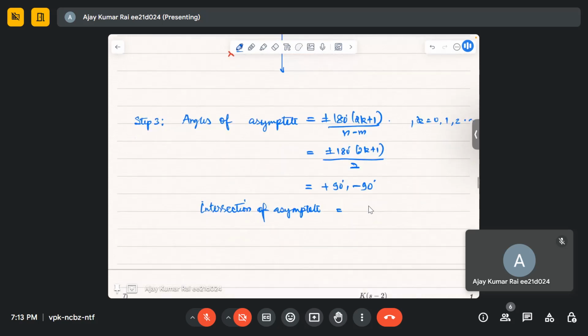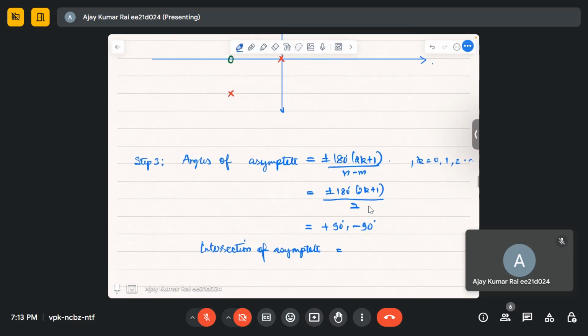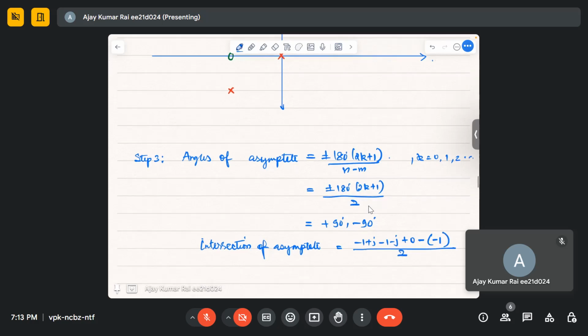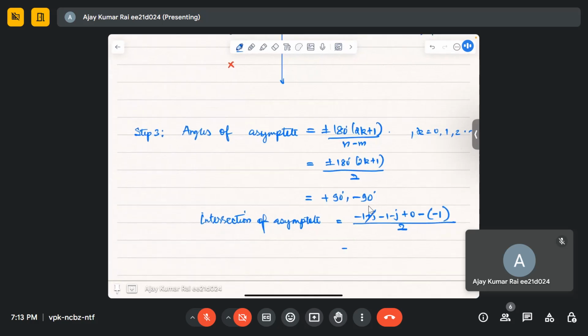Okay, so the sum of all poles will be minus 1 plus j, minus 1 minus j, plus 0, minus the zero, so 0 is only 1, that is minus 1, by n minus m, which is 2. Okay, so here this will get cancelled, this is minus 2 plus 1 by 2. Okay, this is 1 minus 1 by 2, which is minus 0.5.